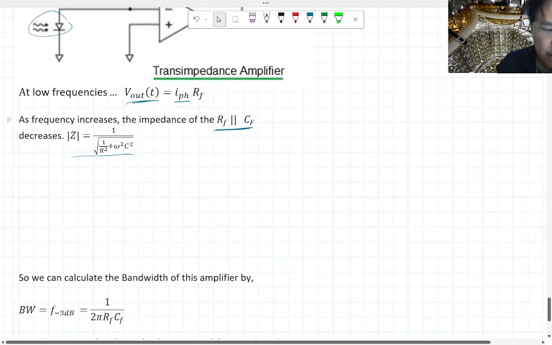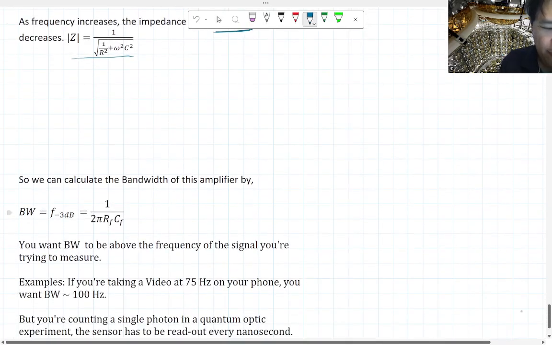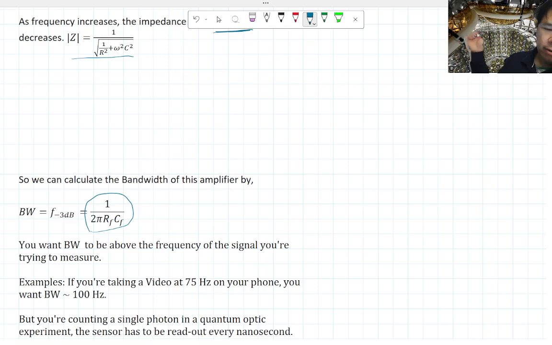Okay, we can calculate the bandwidth of this amplifier, because that's basically the f3dB point. So if the bandwidth is below the frequency of the signal you're trying to measure, you're going to start losing signal. For example, if you're taking a phone video, they used to be about 75 hertz.